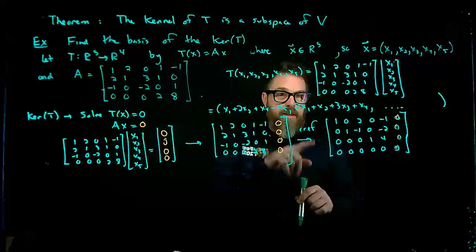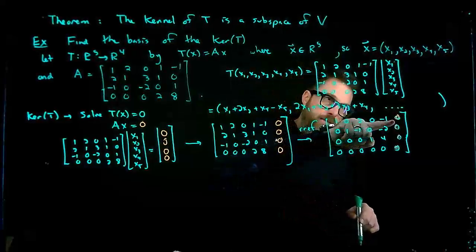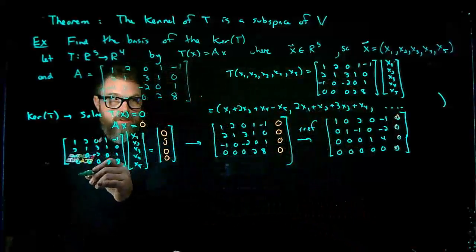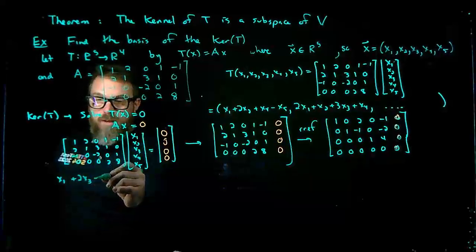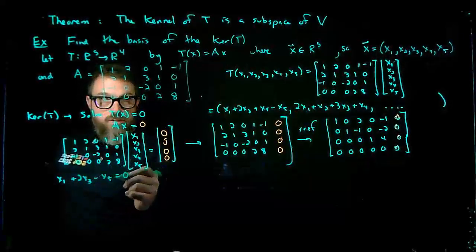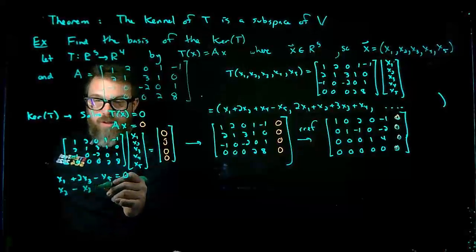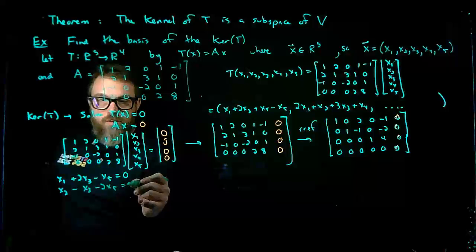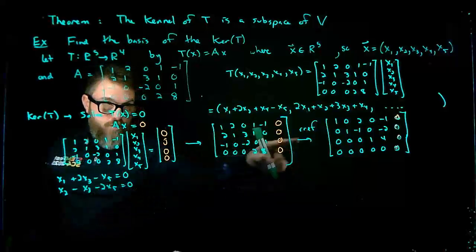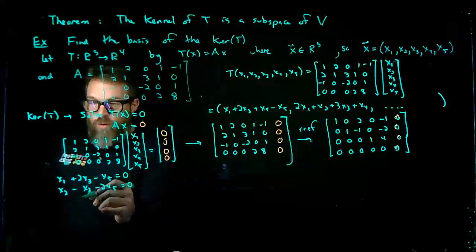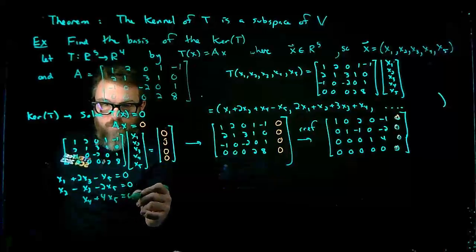This says x1 plus 2x3 minus x5 is equal to 0. And then the next line says x2 minus x3 minus 2x5 is equal to 0. And the last line says x4 plus 4x5 is equal to 0.